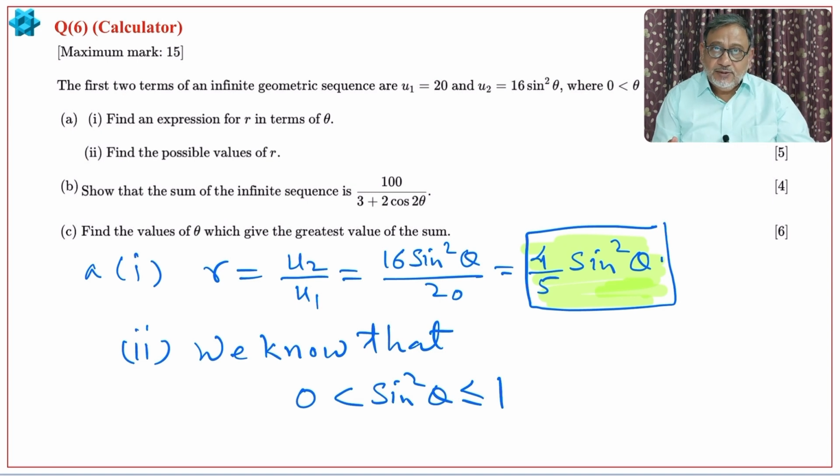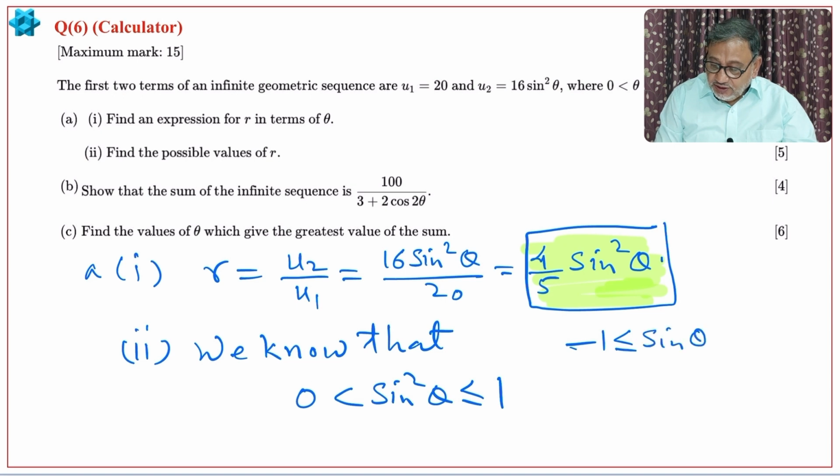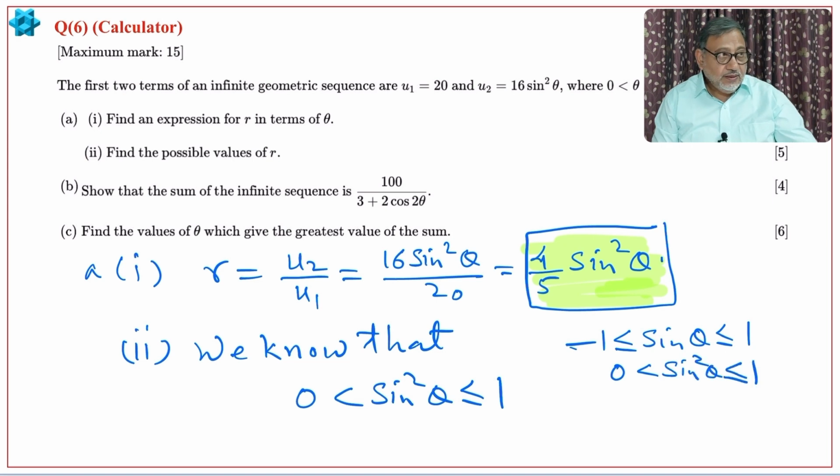Okay, when we square it, minus will not be there. See, -1 less than or equal to sine theta less than or equal to 1. When you square it, it becomes 0 less than sine square theta less than or equal to 1.